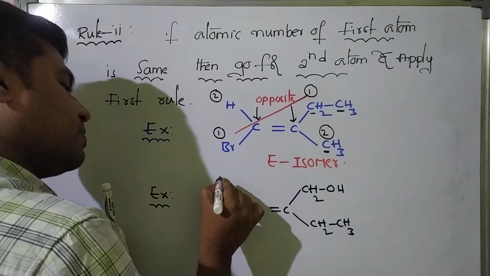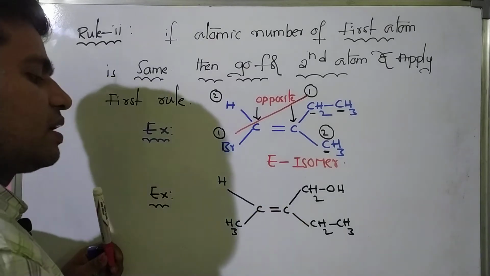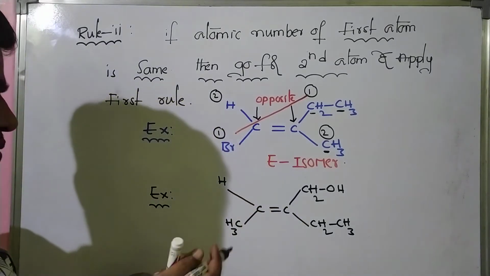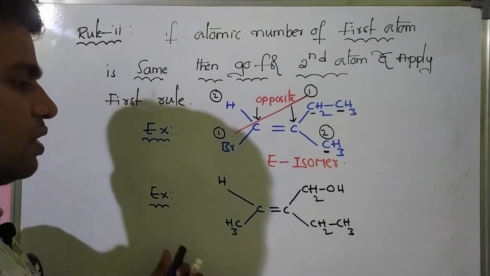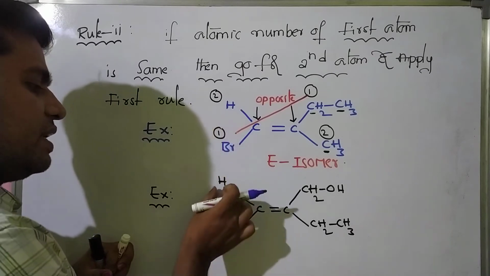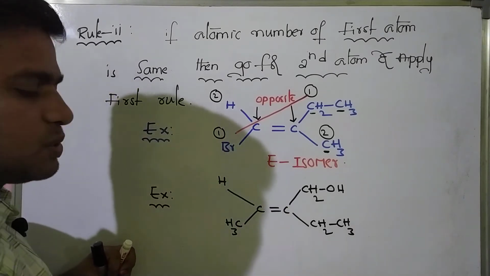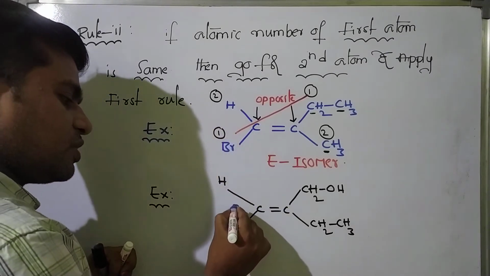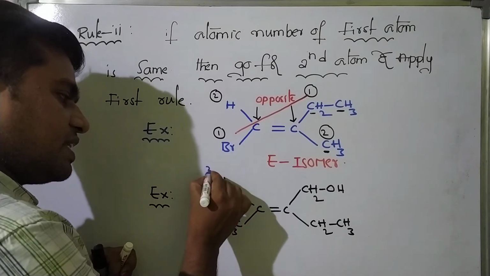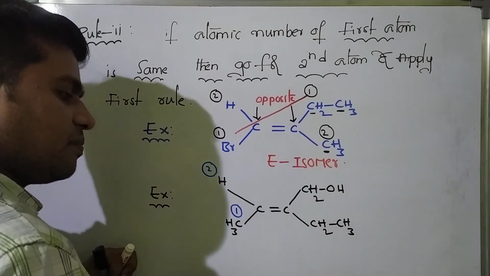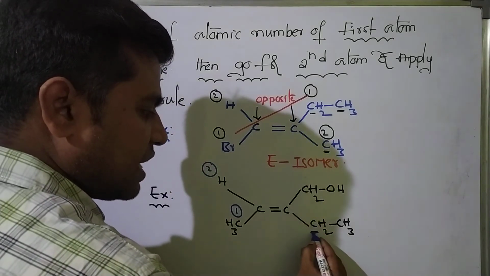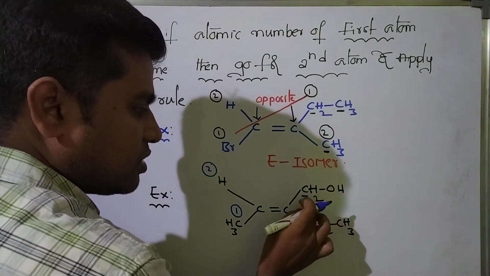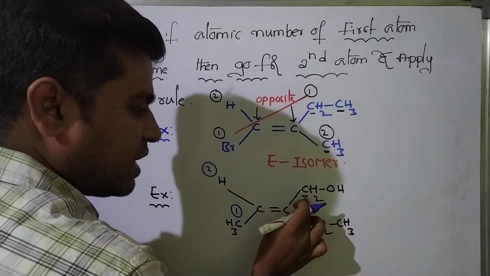Here some hydrogen. Now assign priorities to the given groups or atoms. So this will get first priority. So this is second priority hydrogen. Now come to this. Here first atoms are same. So this group has carbon atom.